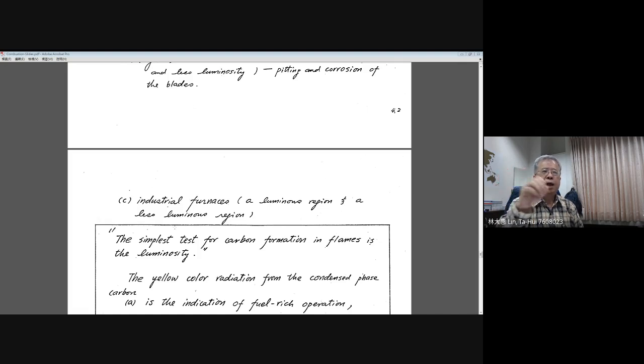By this kind of understanding of the heat distributions in luminous and less luminous regions, you can consider how to do the heat management, for example for water heating, or sometimes you will heat certain materials by using those kinds of furnaces.